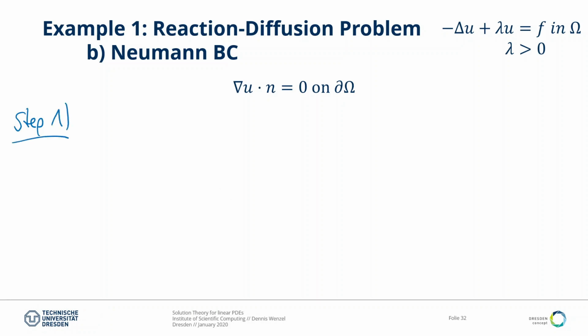And the weak form now is again derived by multiplying the whole thing with a test function and integrating over omega. So I'm again arriving here.